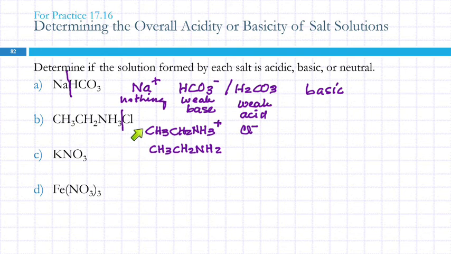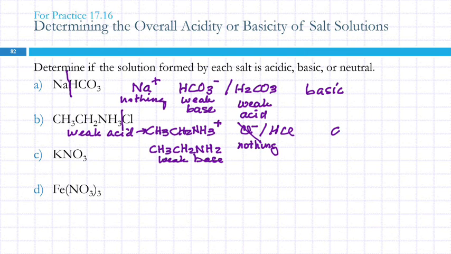If this is a weak base, then that's a weak acid. What about Cl minus? It's the conjugate base of a strong acid, HCl. So that one's going to do nothing. So is this solution going to be acidic, basic, or neutral? Acidic. Because one of the things acts as an acid.